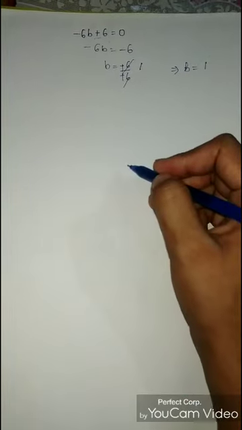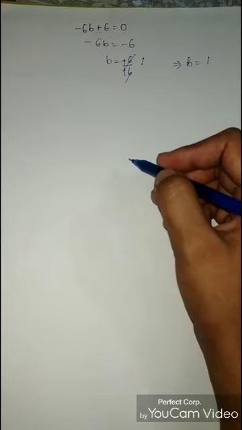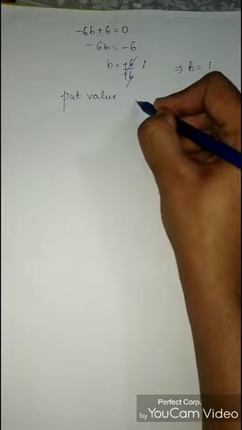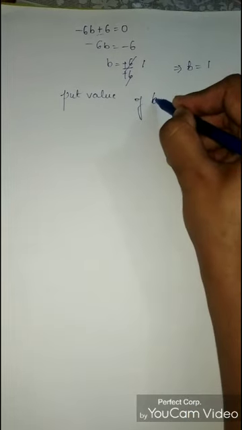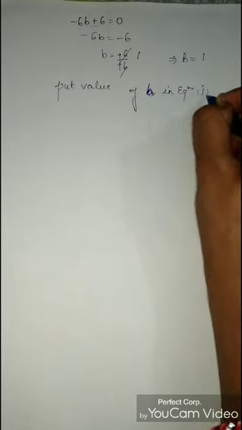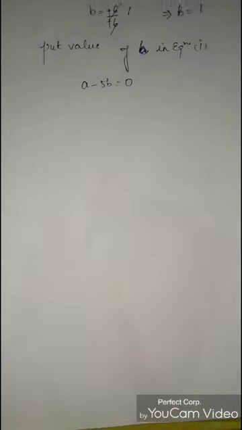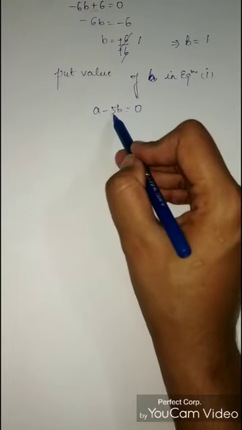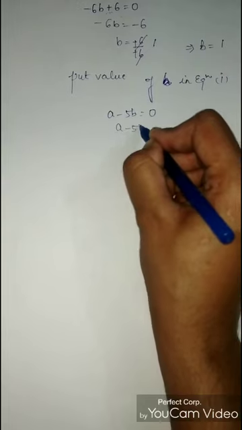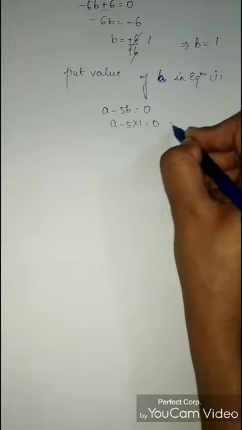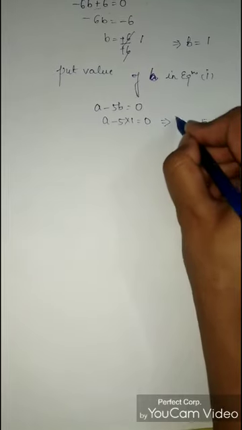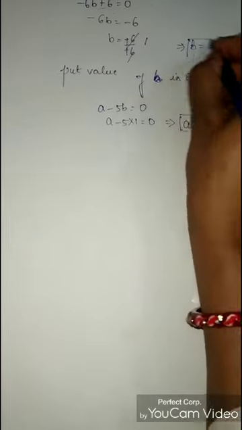Now we have to find the value of a. So put the value of b in equation 1. What was equation number 1? Equation number 1 was a minus 5b is equal to 0. Now we will put the value of b. So a minus 5 into 1 is equal to 0. It implies that a will be equal to 5. So we get the value of a and b.